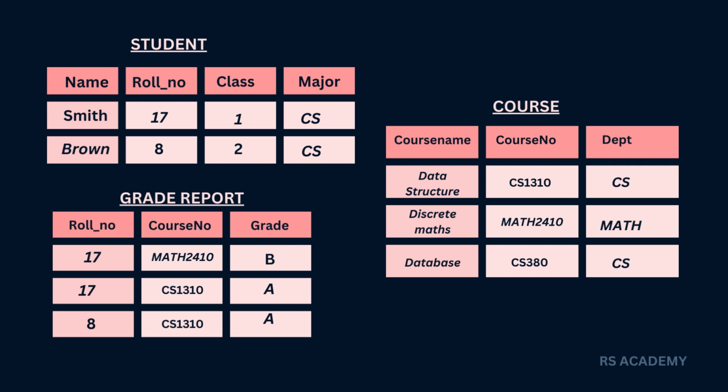As we learned, defining the database means specifying the data types, structures, and constraints for the data that we are going to store in the database. So here, specifying the structure of each record means specifying the different types of data elements present in the particular record. Here we have three records: the student record, the course record, and the grade report record.